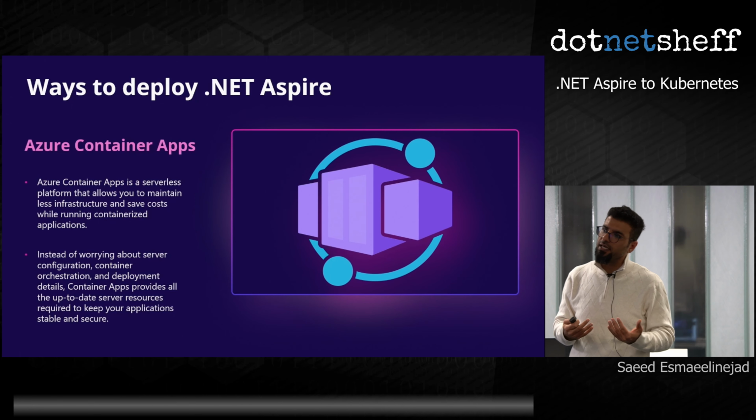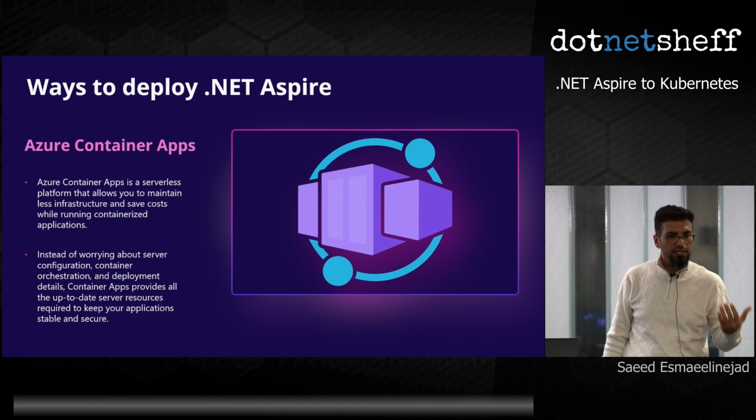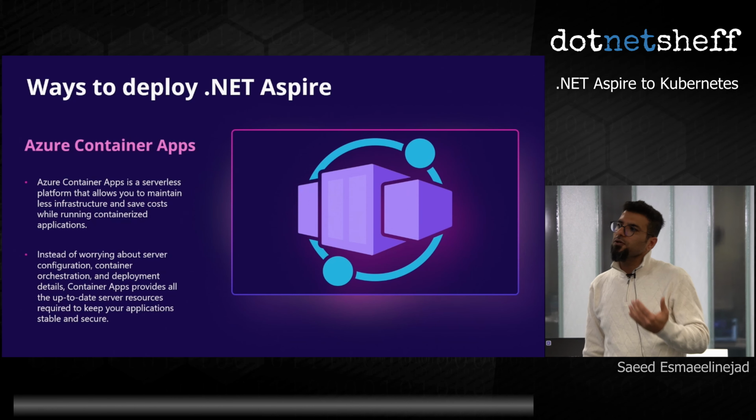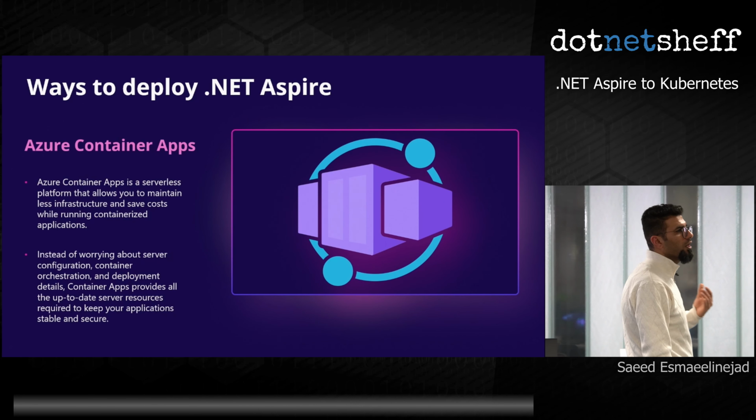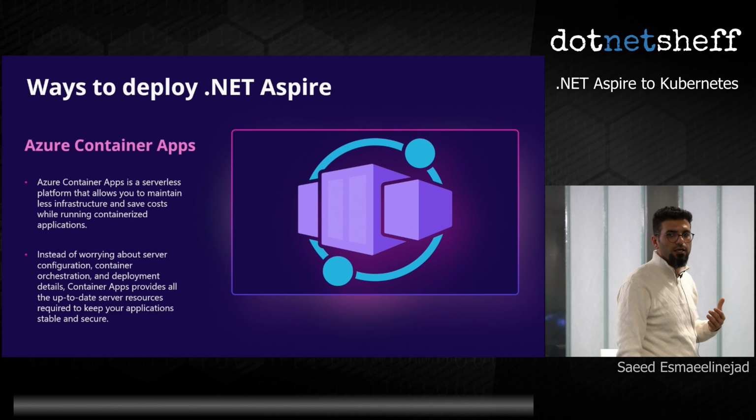Microsoft is saying that it is a serverless platform that allows you to maintain less infrastructure and save costs while running all of your Docker images in your microservices architecture, for example. That claim about saving cost is true because Kubernetes itself has lots of configuration.